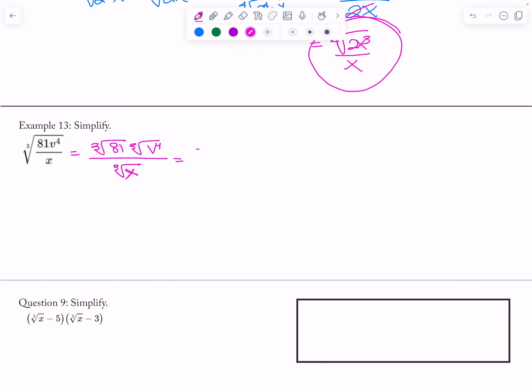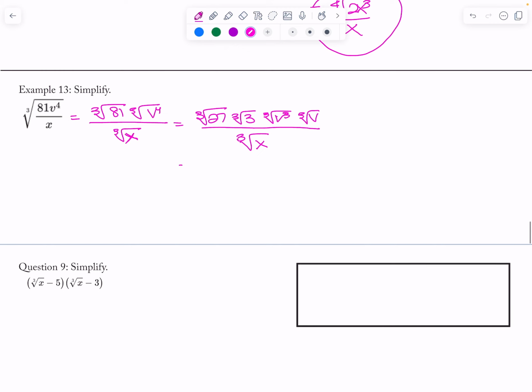Okay, so first, this is the cube root of 27 and the cube root of 3, because 3 times 27 is 81. Then I have the cube root of v cubed, and the cube root of v gives me v to the 4th. And I have all over the cube root of x. So let's simplify this. This is 3v cube root of 3v over the cube root of x.